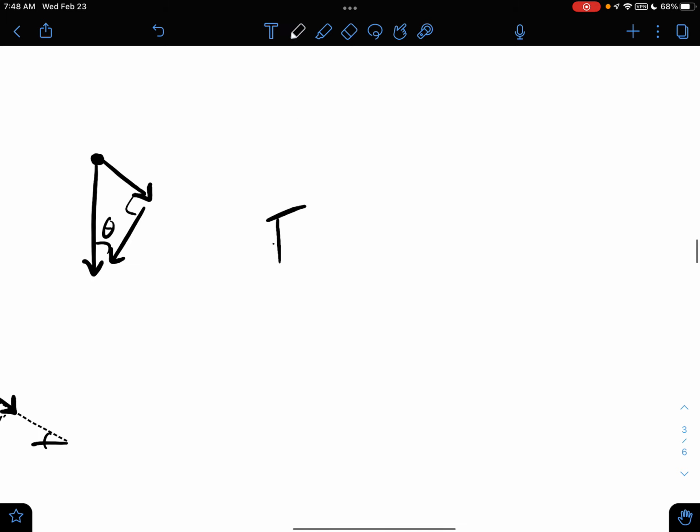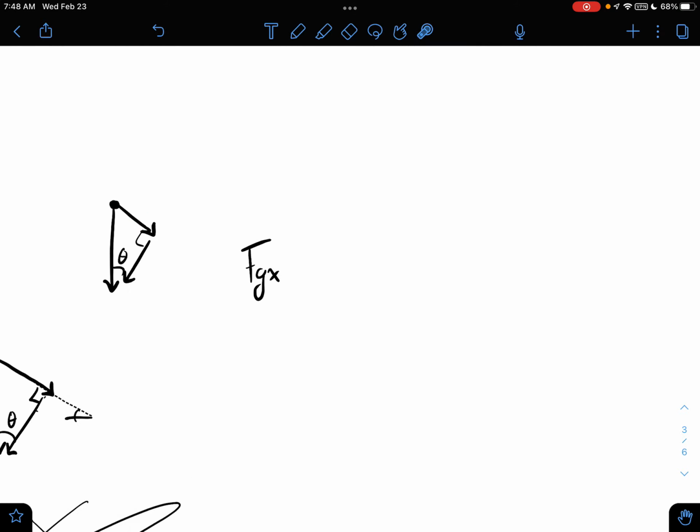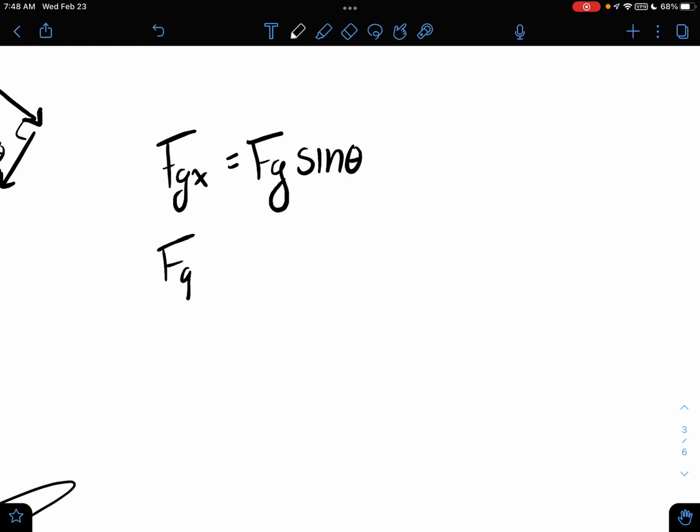So now we're going to have our FG in our x direction, which is this one. That's going to be our FG sine theta, and our FGY is our FG cosine theta.